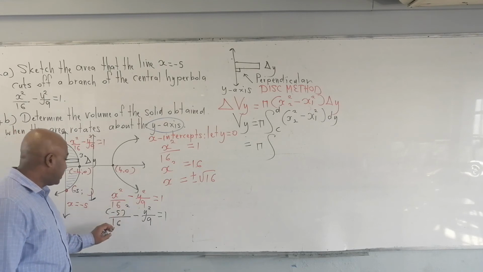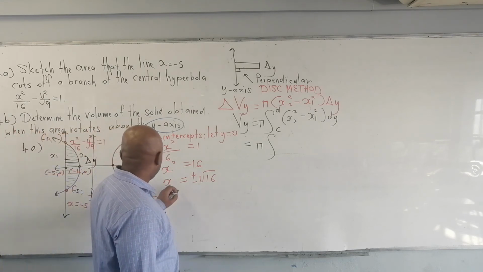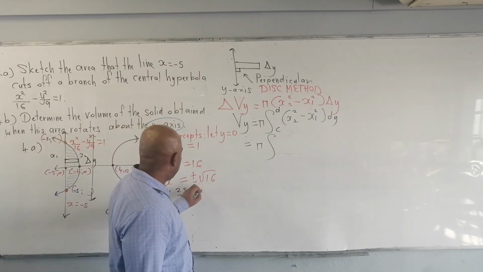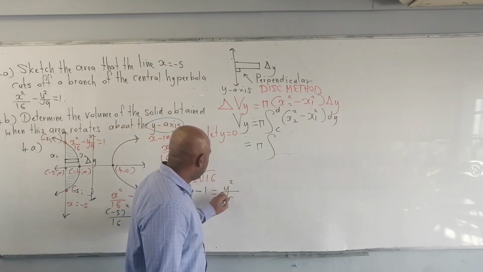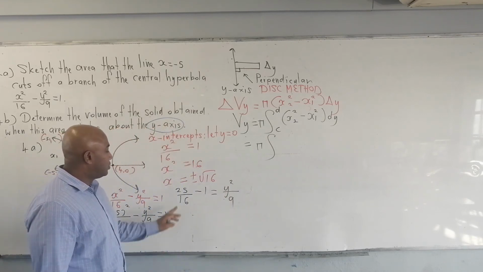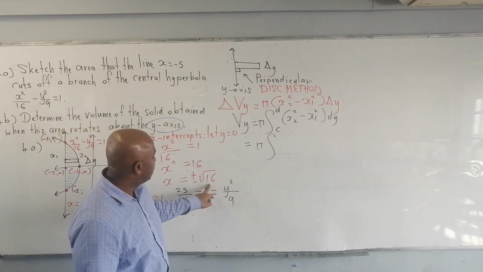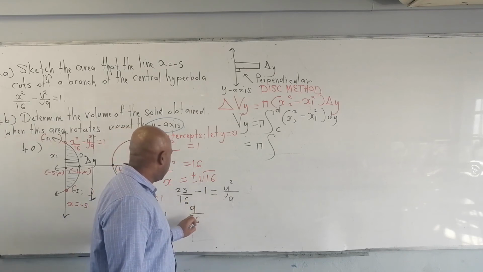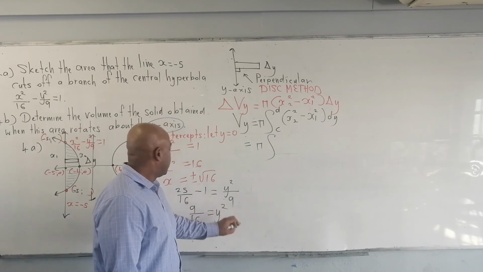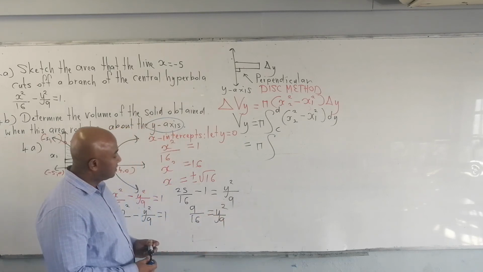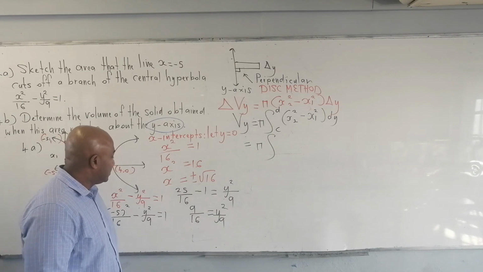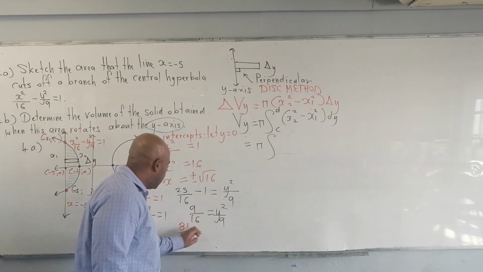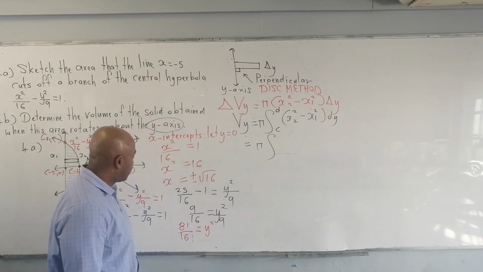Minus 5 squared is a positive 25. So 25 over 16 minus 1 is equal to y squared over 9. So 25 minus 16 is going to give me 9 over 16 is equal to y squared over 9. So now I can work this out. 9 times 9 is 81 over 16 is equal to y squared.